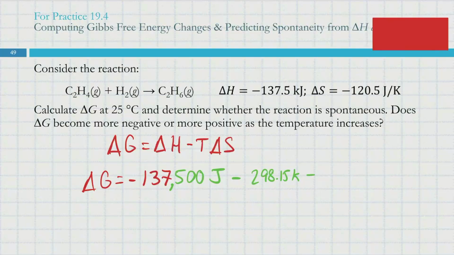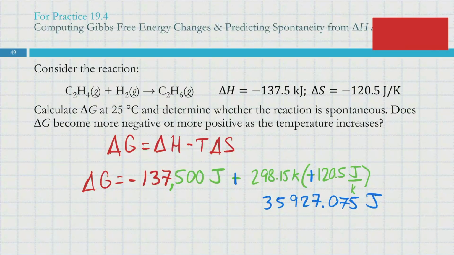And that's multiplied by negative 120.5 joules per Kelvin. So the negative signs will cancel out. That right term is 35927.075 joules.